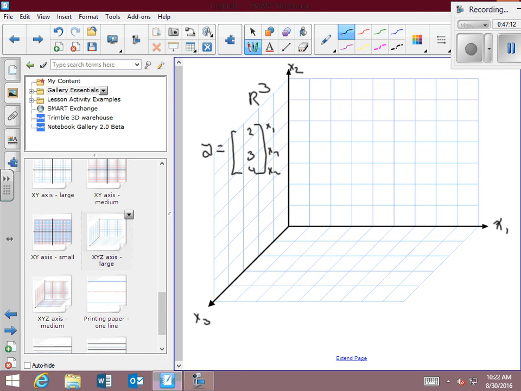Maybe it depends on however you do it, but the only thing is X1 is 2, so I'm going to come out here to 2. Then I'm going to go X2 is 3, so I'm going to go up 3, and then 4, so I'm going to come back down this way. 1, 2, 3, 4.